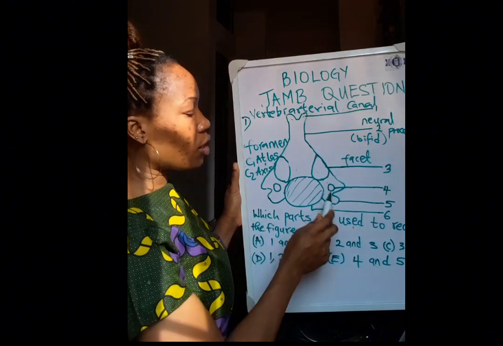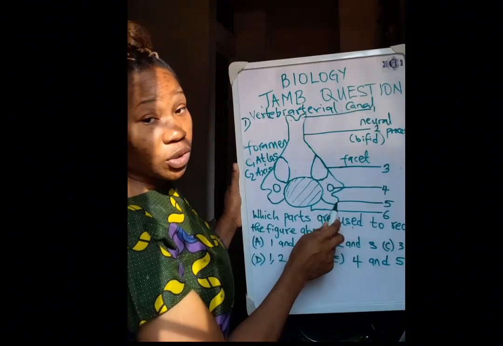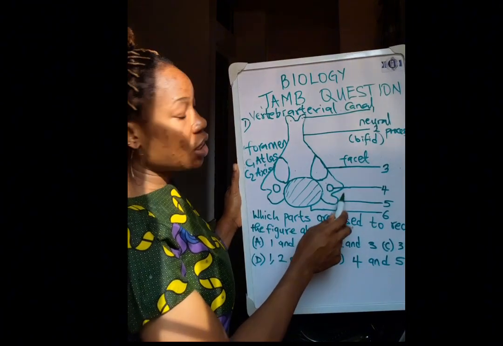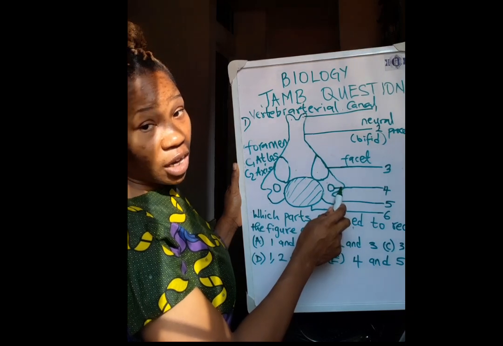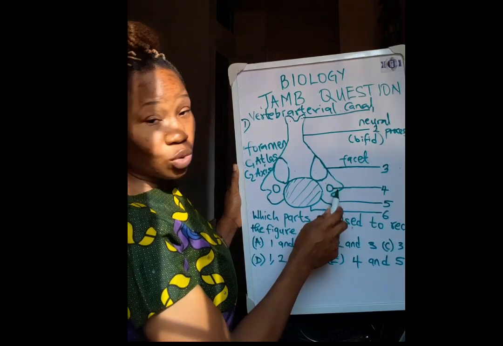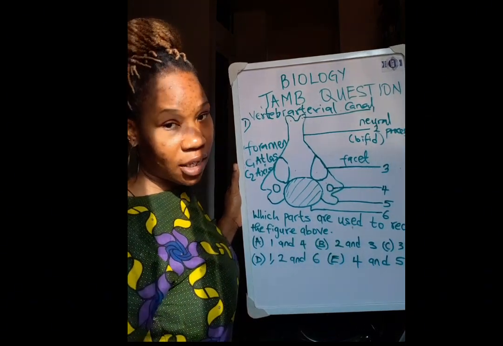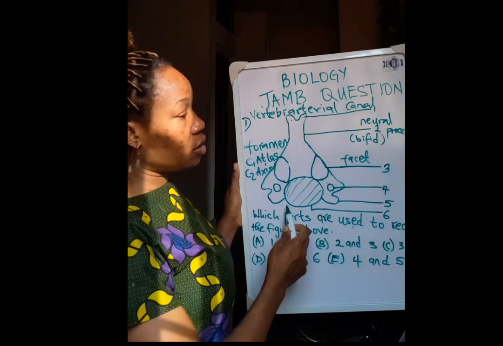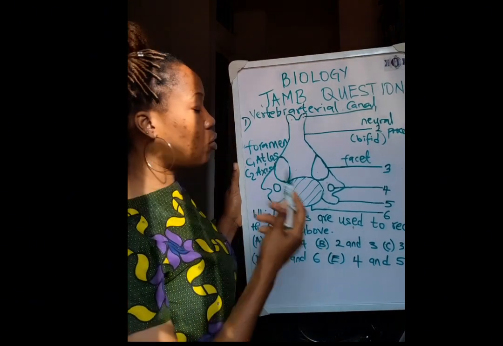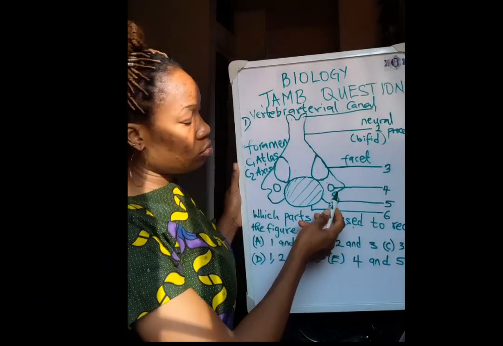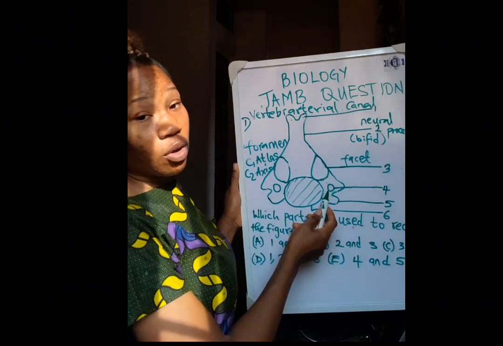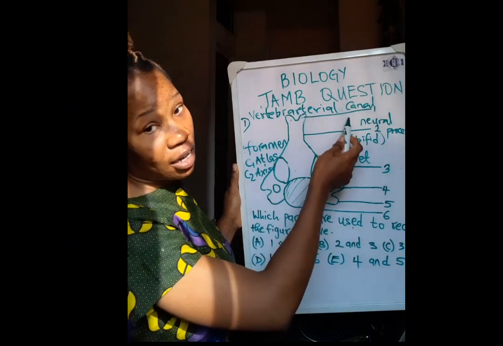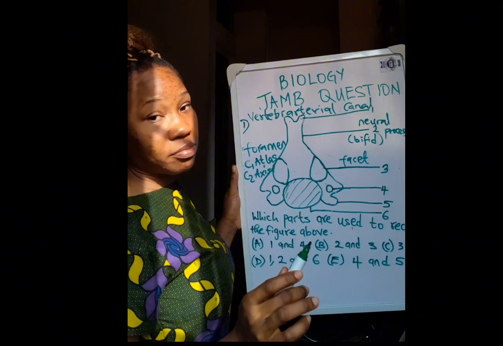Now, what is this 4 and 5? Here is what we call the posterior articulating surface, and here is the anterior. Are you following? So it has two, sometimes we call it the transverse wing. You see it in the cervical. Cervicals, the ones found in the neck, are known to have this wing, two. And they're also known to have this opening we call the vertebral arterial canal. So that's a unique feature of them.